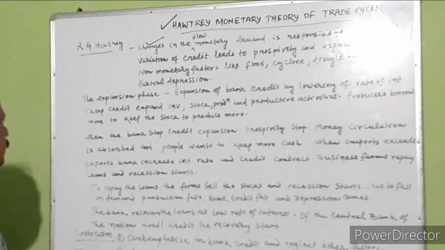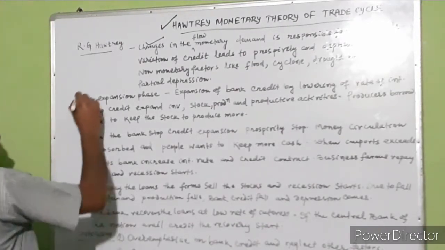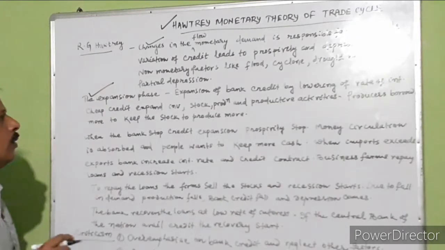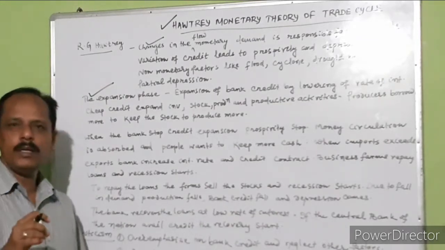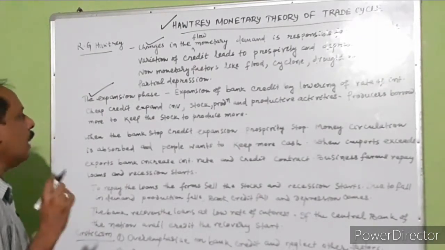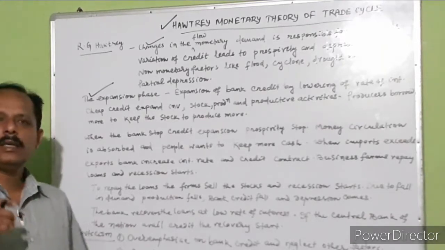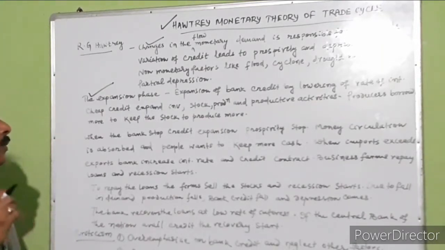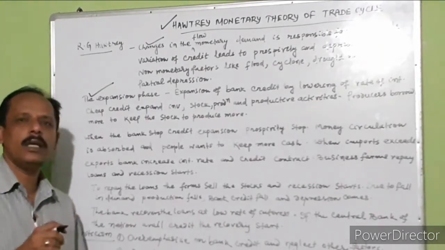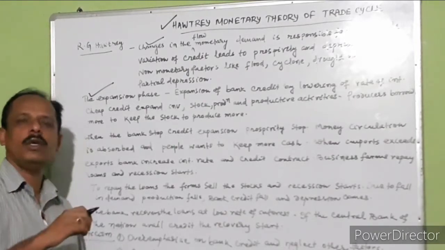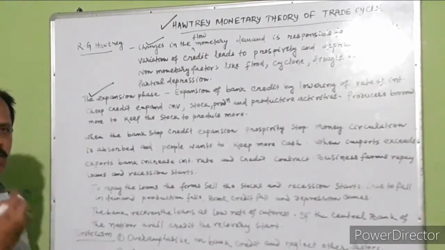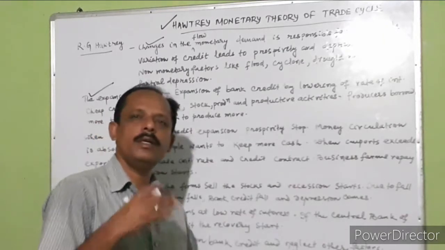How we see the expansion phase is very important. How does trade expand in the economy through the availability of bank credit? If bank credit expands with a low rate of interest, then more credit flows into the economy as compared to the flow of credit into the bank.